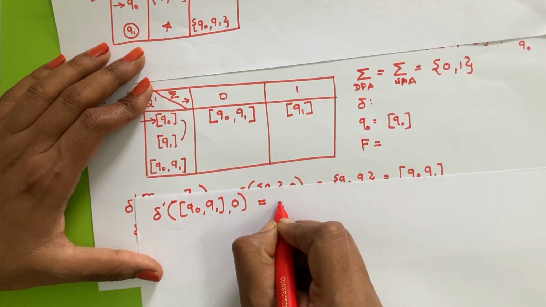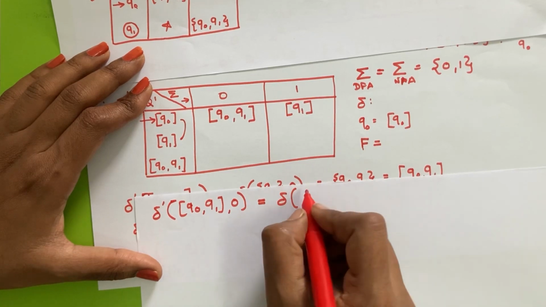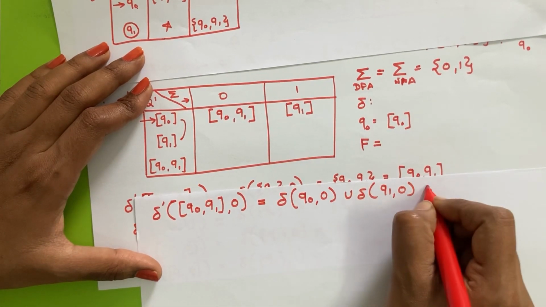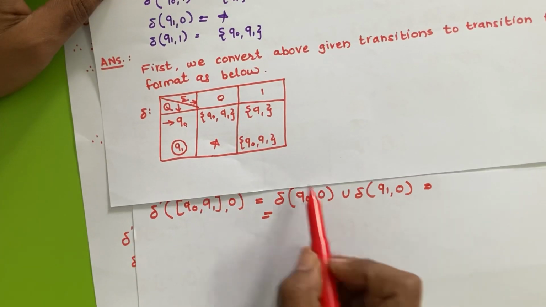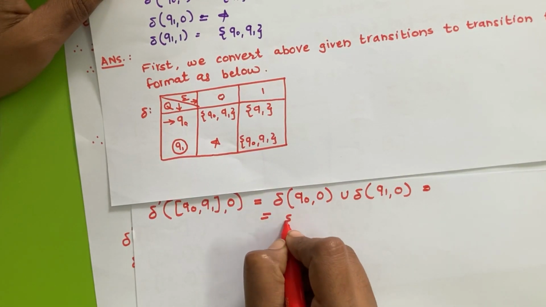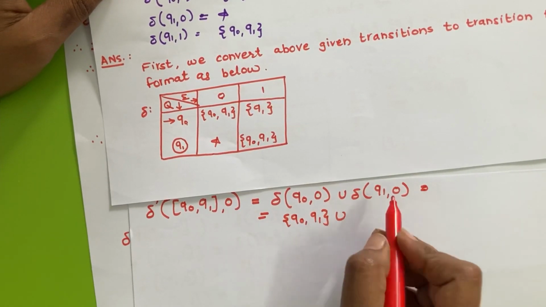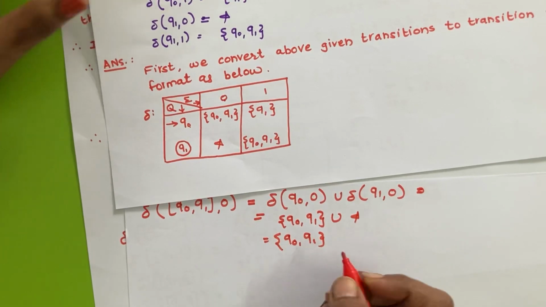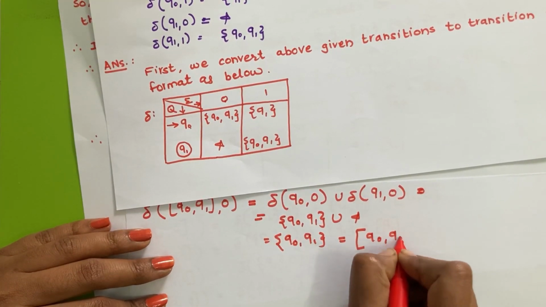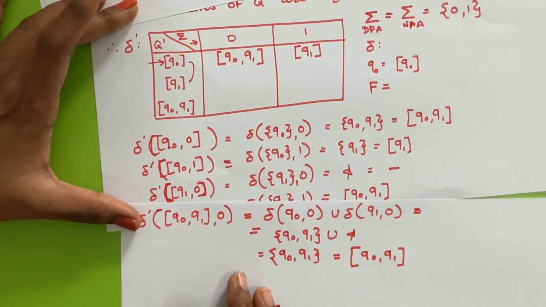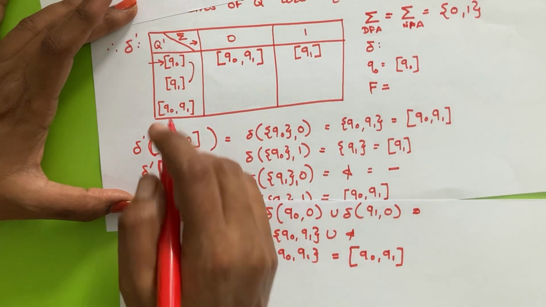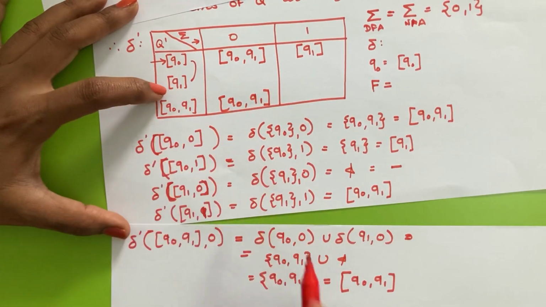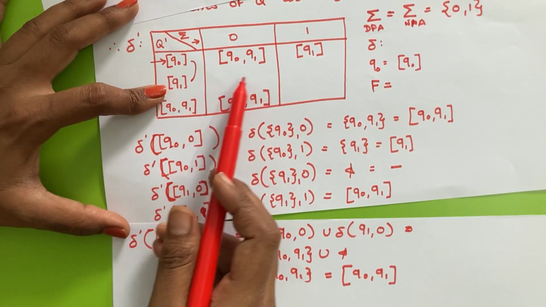That is equal to, now here we have to take the union: δ of (Q0, 0) union δ of (Q1, 0). δ of (Q0, 0) is nothing but Q0 Q1, so Q0 Q1 union δ(Q1, 0), that is ∅. So the output is Q0 Q1, and we will rename this as [Q0 Q1] in square brackets. So δ' of (Q0 Q1, 0) is nothing but Q0 Q1.